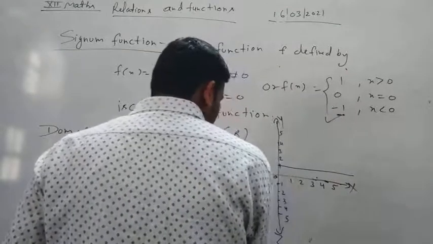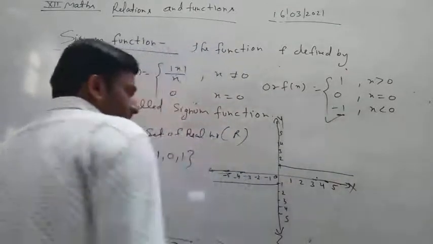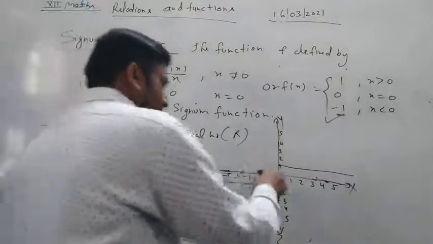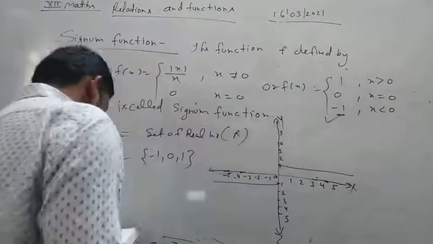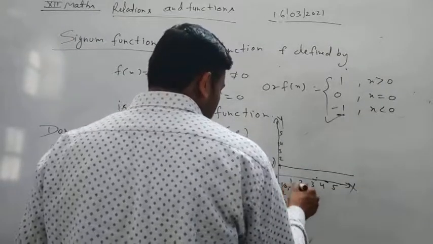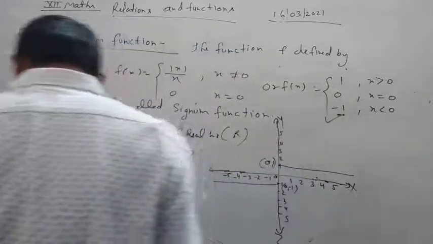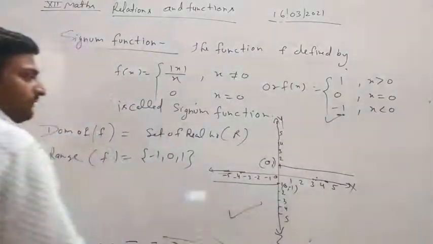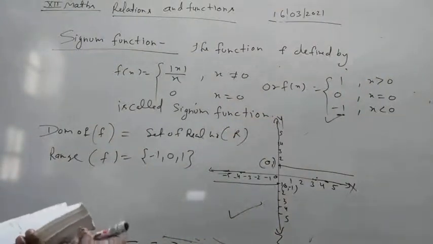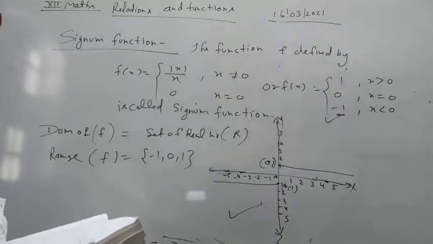So both these lines are parallel to the x axis. This is 0, 1 and this is 0, minus 1. So this is the graph of the signum function. I hope you understand, students. This is the graph of the signum function.